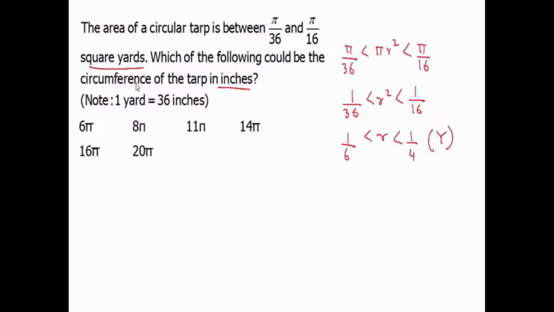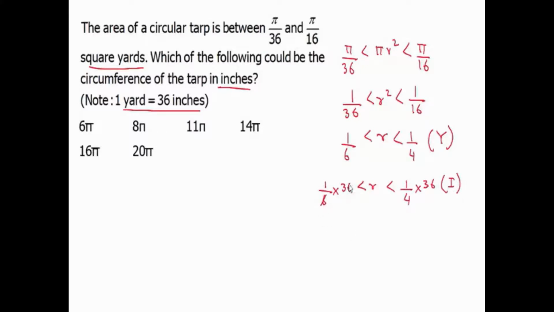As we need to find the circumference of the tarp in inches, let's convert this range to inches by multiplying everything by 36 inches per yard. So we have 1 over 6 times 36 is less than r is less than 1/4 times 36, and this time this is in inches.